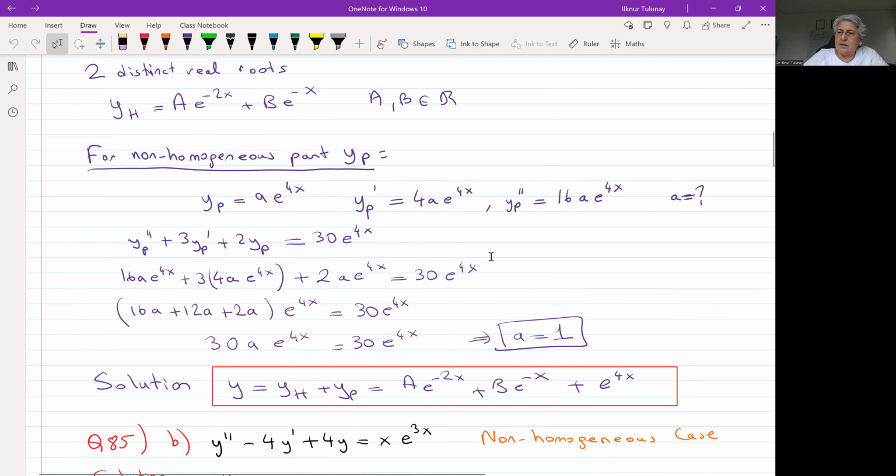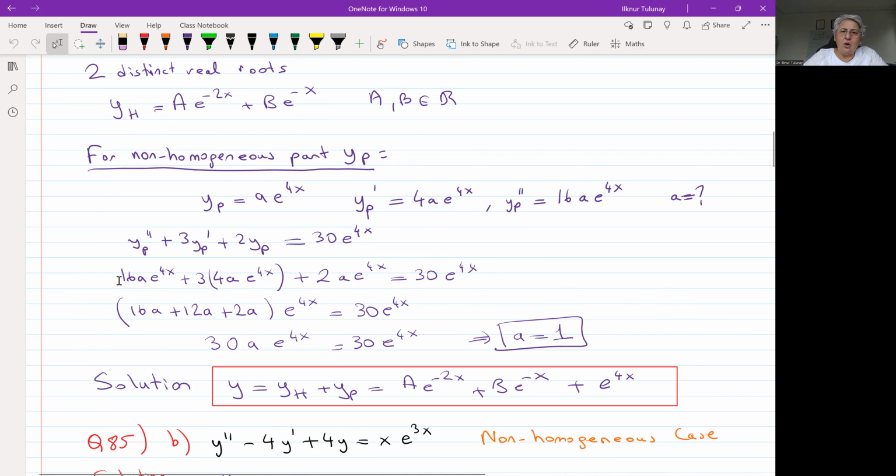Now, this is the right-hand side. The key in this computation is that you're not going to touch the right-hand side. You're not going to move or do any computations on it. You will leave it like that. You will organize terms on the left-hand side and make the coefficients equivalent. That's the way to solve this.